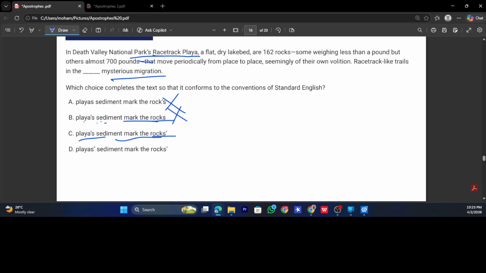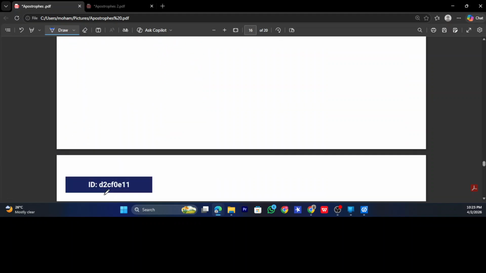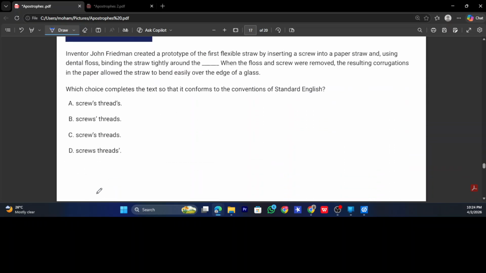Okay, D is also incorrect because the context requires the singular possessive noun layer's and not the plural possessive noun. Okay, try to solve this.